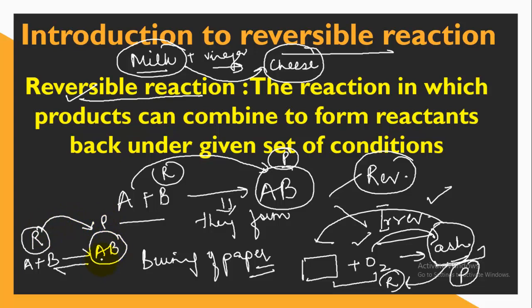But if the reaction happens in the opposite direction, AB is going to be the reactant and the original reactants are going to be the products, and it will occur in the backward direction. So there exist a few reactions like this that can be reversed.